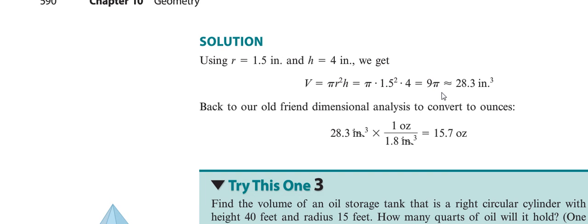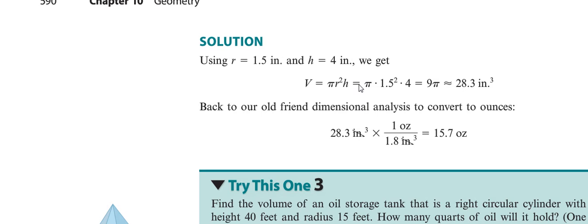We get 9 pi, and then using the pi button on our calculator, multiply 9 times the value of pi, and we get approximately 28.3 cubic inches. But we haven't finished because they say give the answer in ounces.